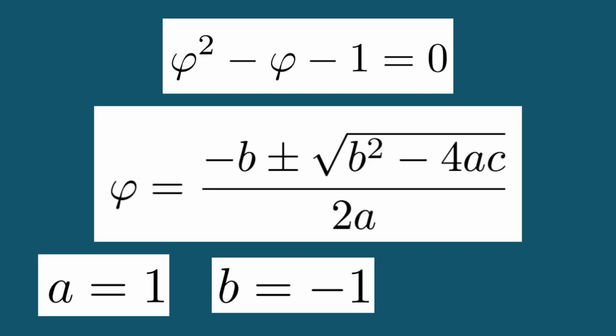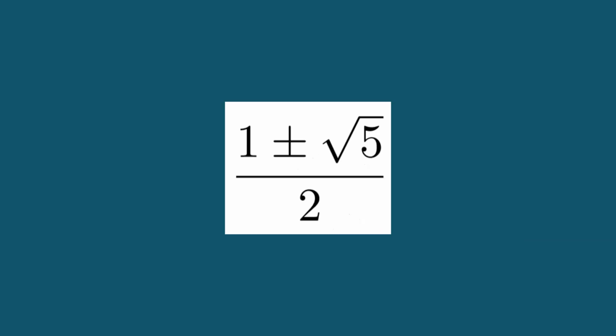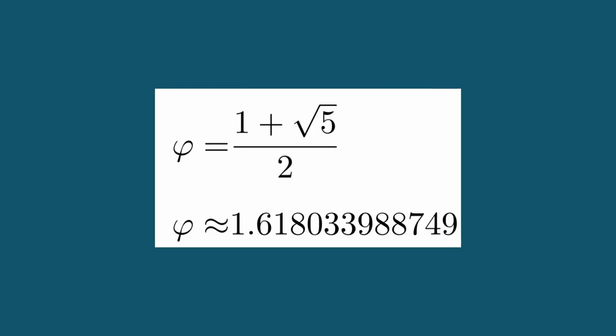And finally, the constant term is just minus 1, so c is equal to minus 1. We can plug all of this into our formula, and what we'll end up with is (1 plus or minus the square root of 5) divided by 2. Since phi is positive, we have phi equal to (1 plus square root of 5) over 2.